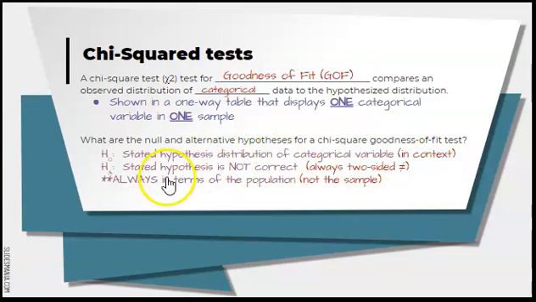The alternative is that whatever they claim is the distribution is not true or not correct. So in theory, it's a two-sided test. It either is or isn't. It's not greater than or less than. It's a not equals to. And you always want to state it in terms of the population, not the sample.